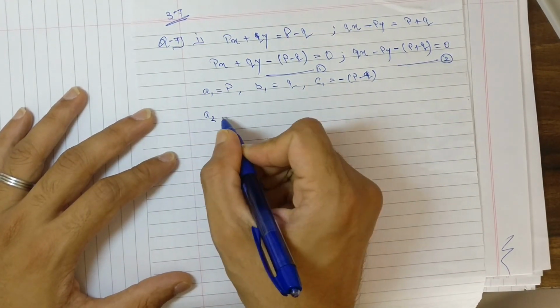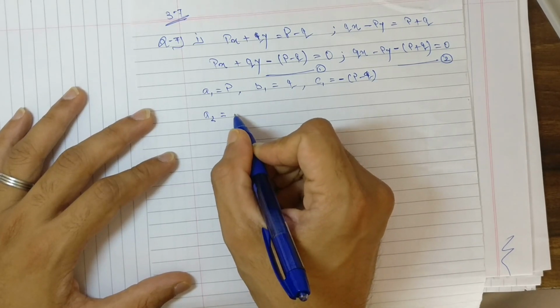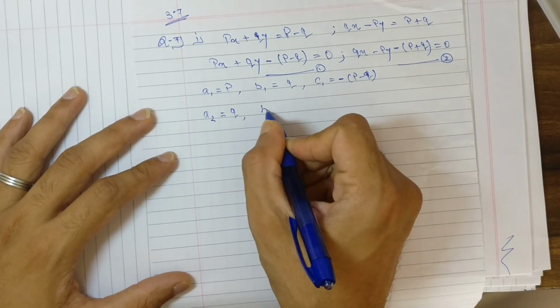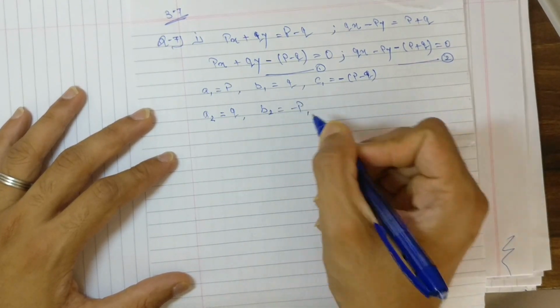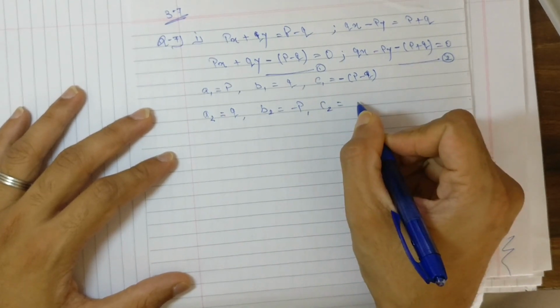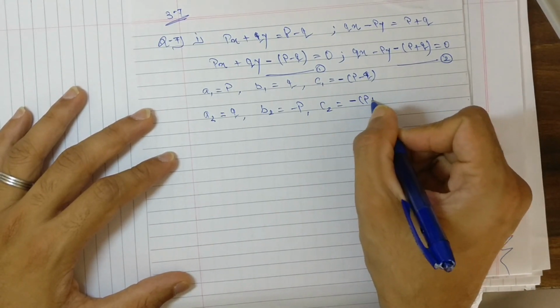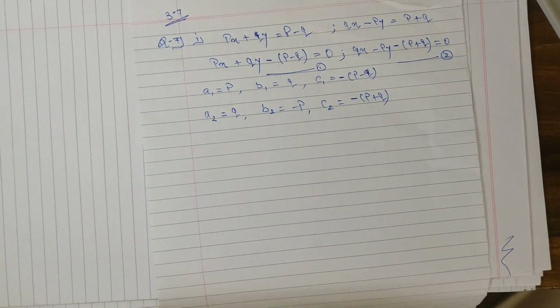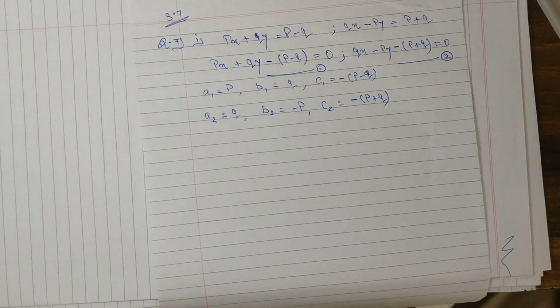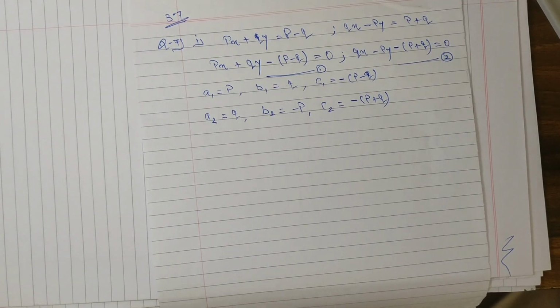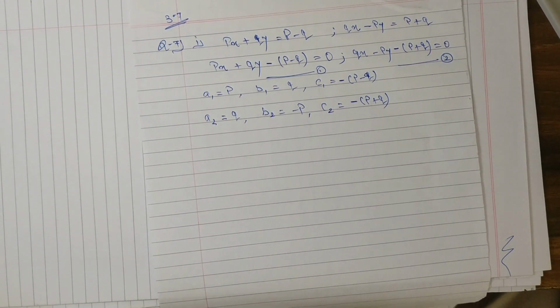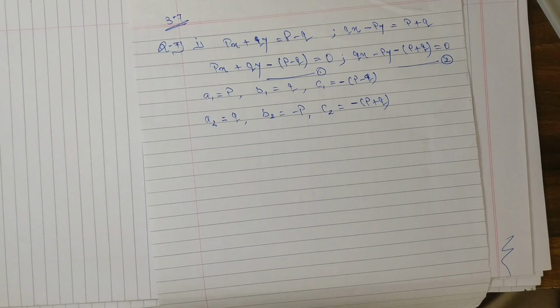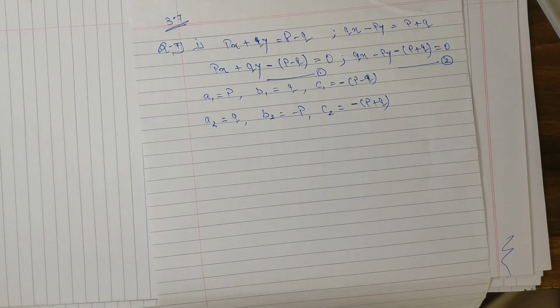And what is a2? a2 is q, b2 is minus p, and c2 is minus of p plus q. Okay, so I've got a1, b1, c1, a2, b2, c2.